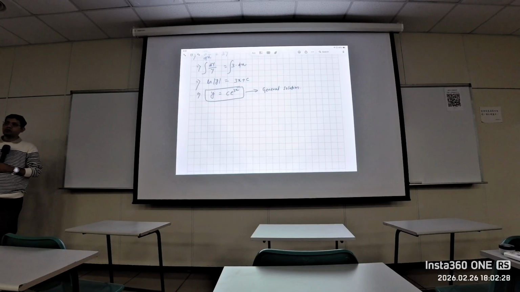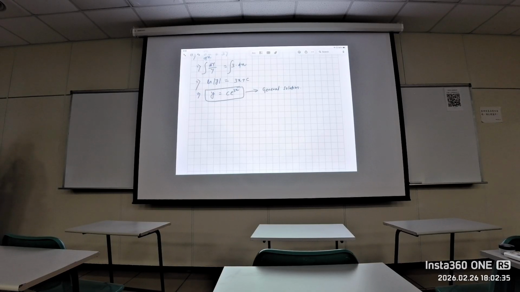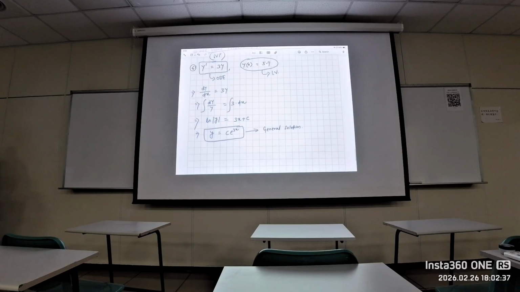Now I have to put the initial values in the general solution. When I say the initial value is y(0) is equal to 5.7, what does it mean? That means when x is equal to 0, y is equal to 5.7.